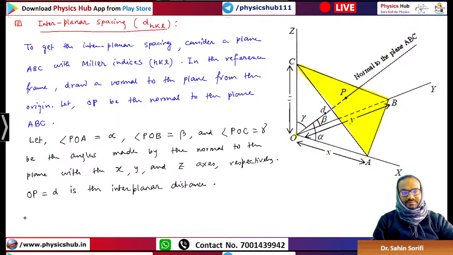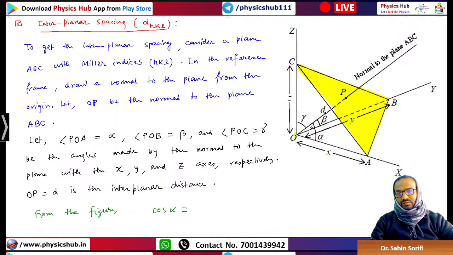Now from the figure, what can we write? You have to find this D. What is the value of cos alpha? Cos alpha, if you consider this triangle OPA, so what can we write for cos alpha?